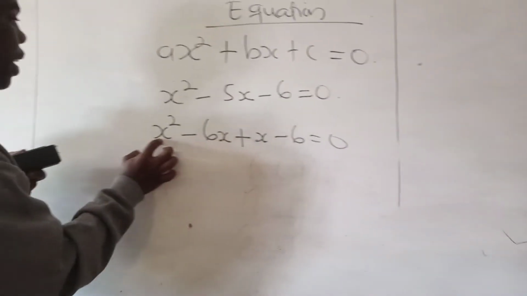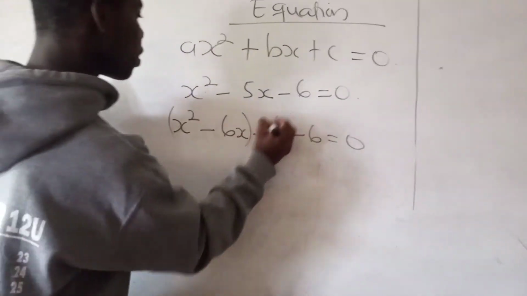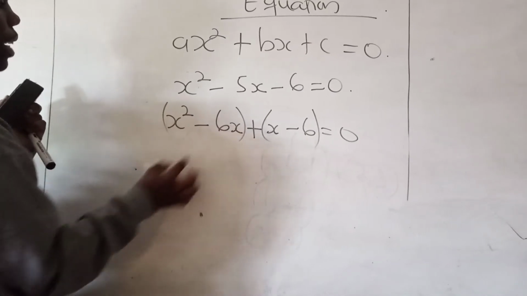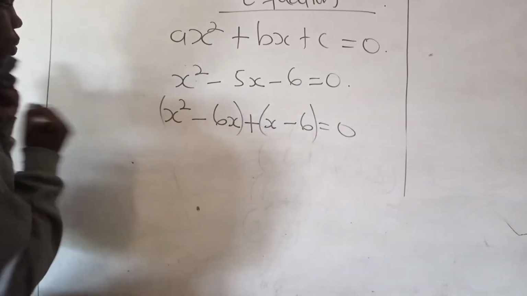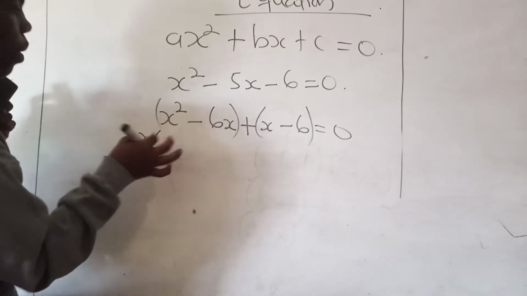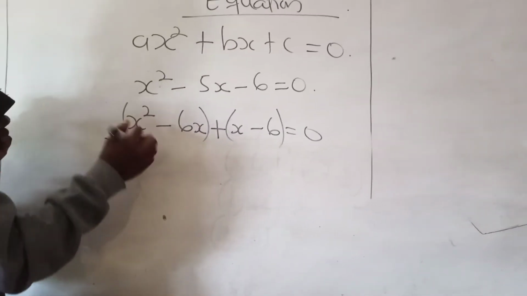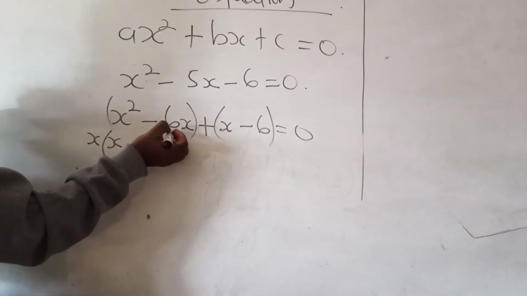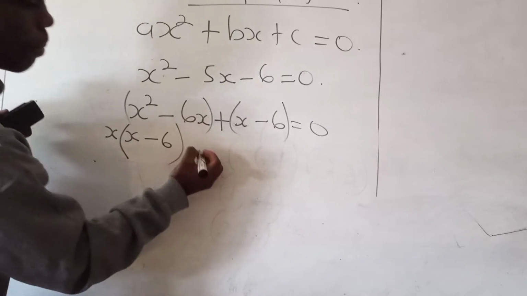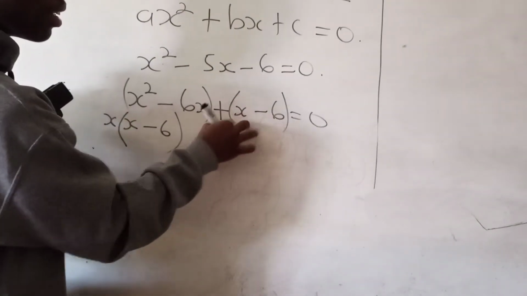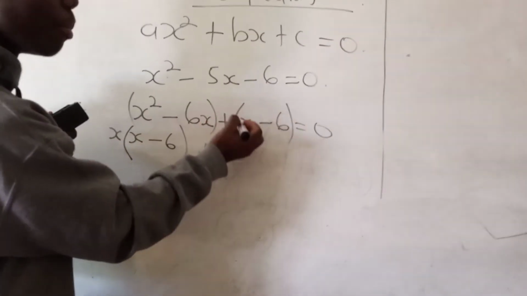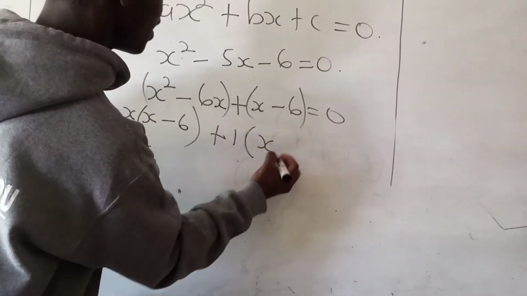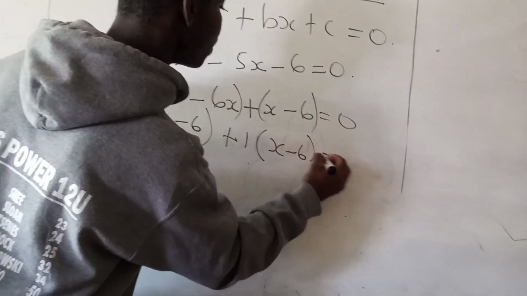You group them into 2: x squared and 6x. x is common here, so we factorize x out, leaving x minus 6. Here we see an invisible 1, so 1 multiplying x minus 6 equals 0.